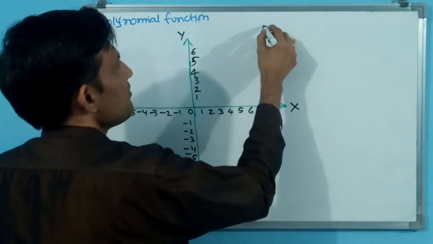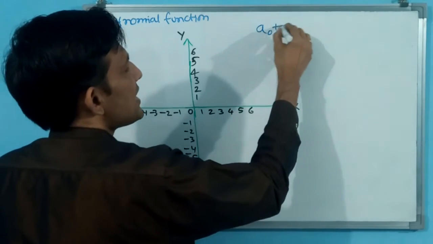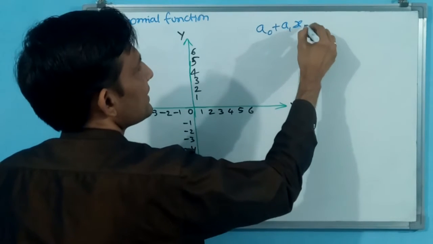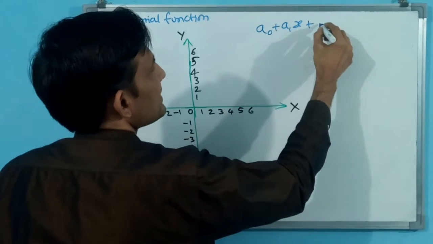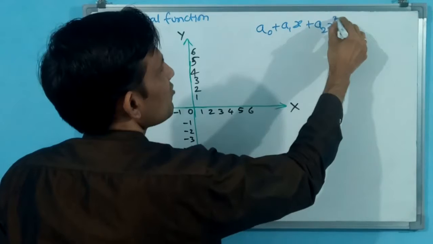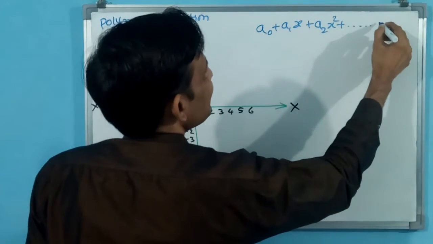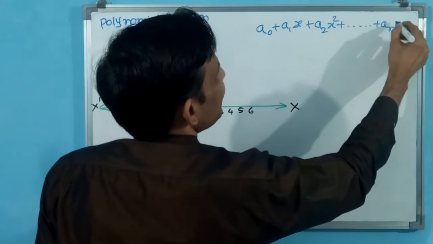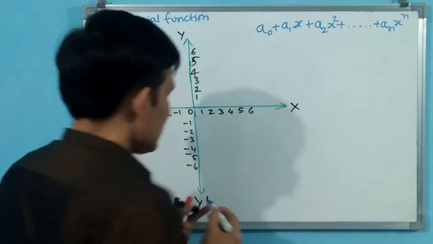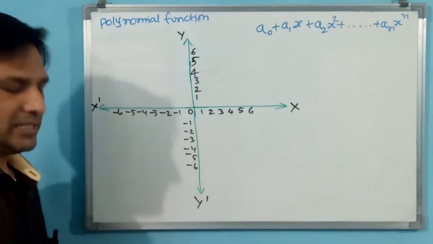It will be like this: a0 plus a1x plus a2x square plus dash dash dash plus an x to the power of n. Like this will be polynomials.